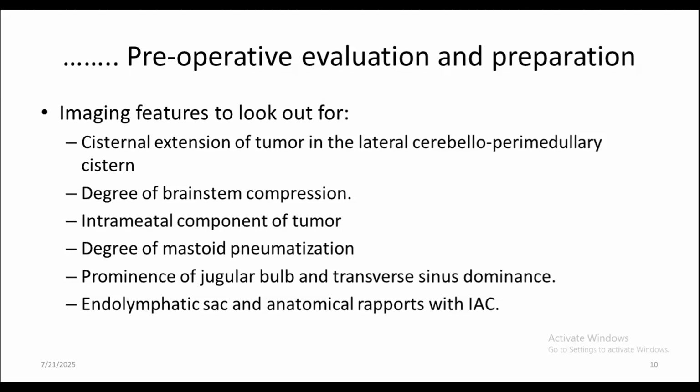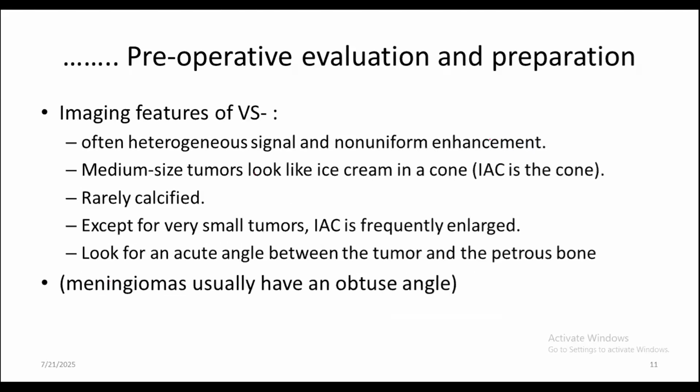If the jugular bulb is high riding, during drilling of the suprameatal crest, one may injure the bulb of the internal jugular vein, and this can lead to catastrophic bleeding intraoperatively. The endolymphatic sac, and then the anatomical rapport with the internal acoustic canal are also important. These are the things that one will look out for in the imaging.